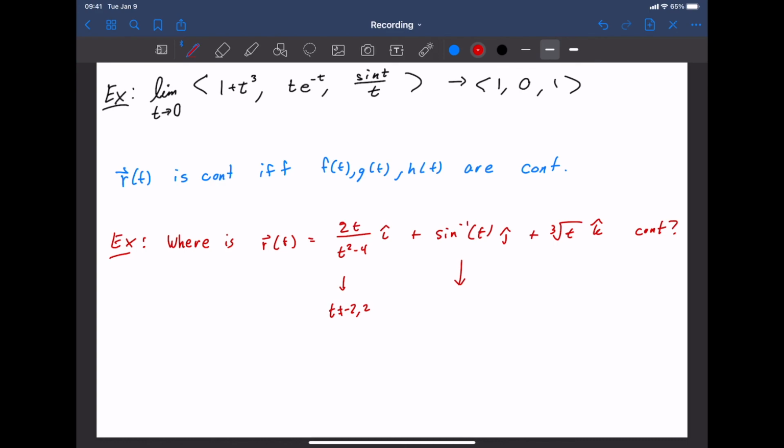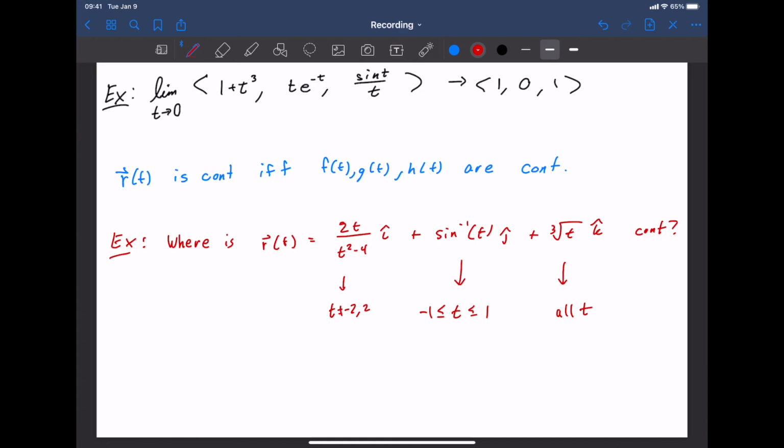We're thinking about what numbers can go into arc sine. Sine inverse is the same as thinking about what numbers come out of sine. So for sine, we get all the numbers between 1 and negative 1 as outputs, as the range. And the range of sine becomes the domain of sine inverse. And for cube root of t, we have all t.